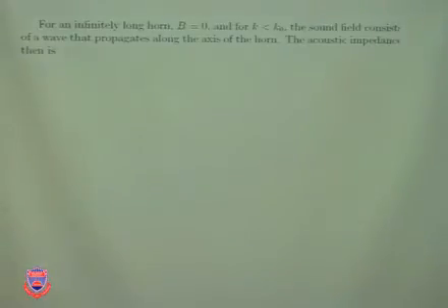As we said, for an infinitely long horn, as we assumed it to be, B is equal to 0. So there's no reflected wave. And for wave numbers less than K0, sound field just propagates out. Now, let's take a look at the impedance.